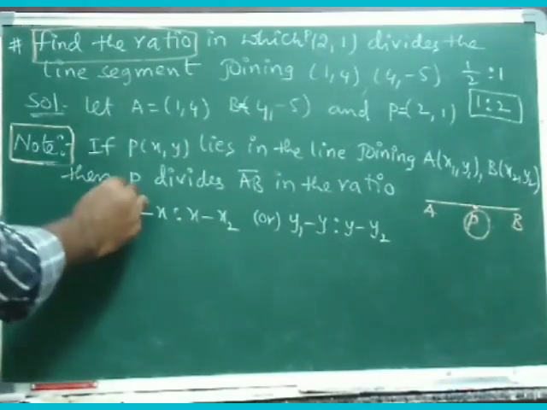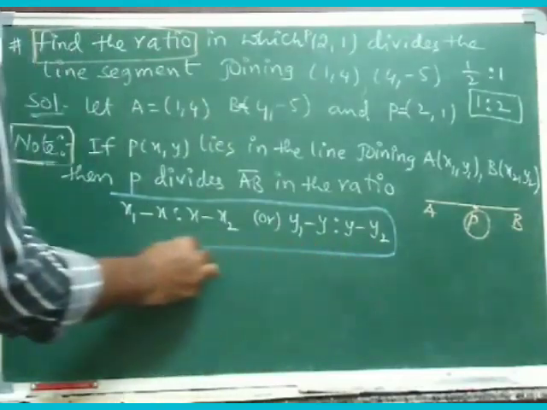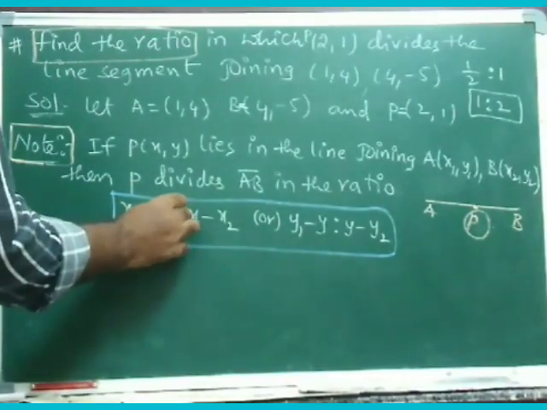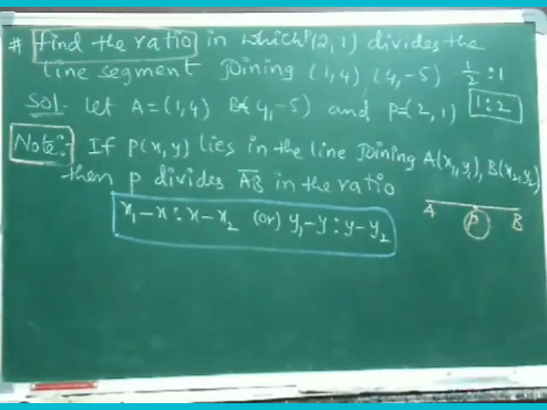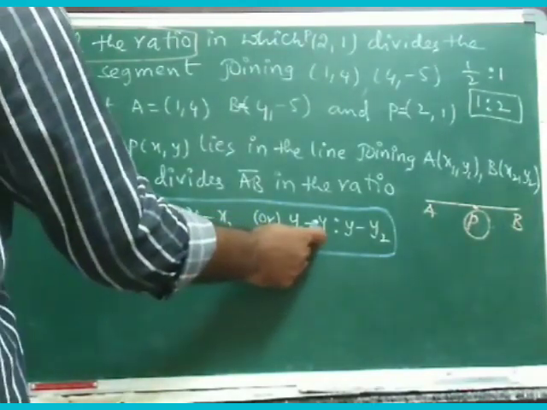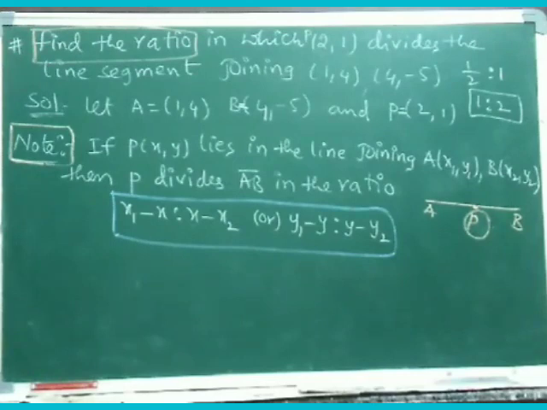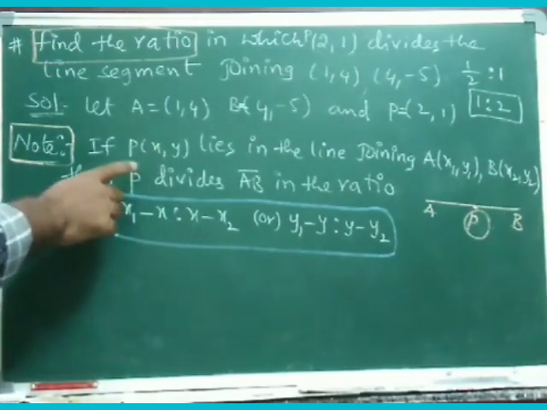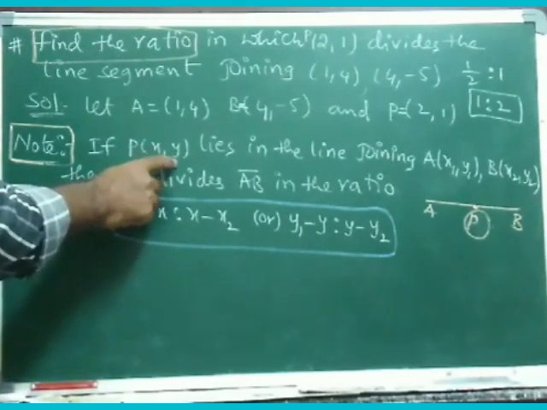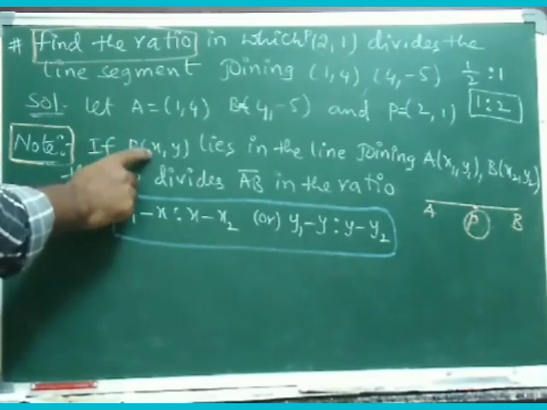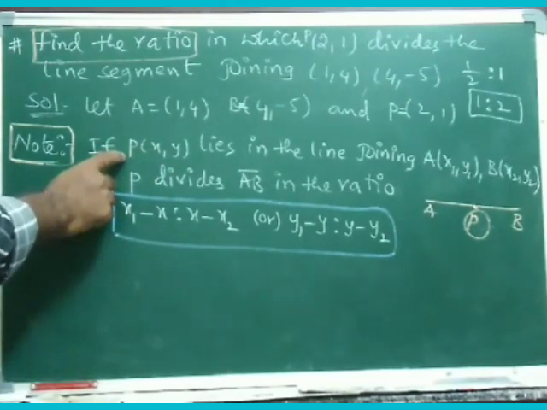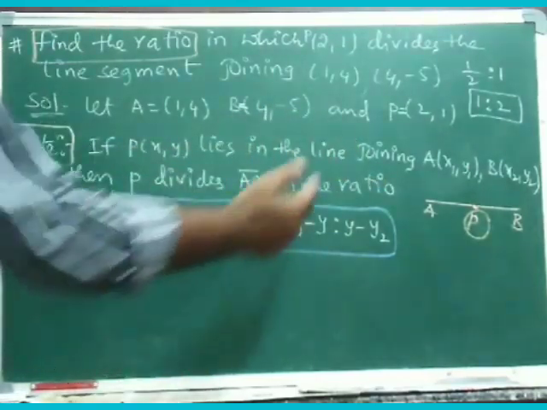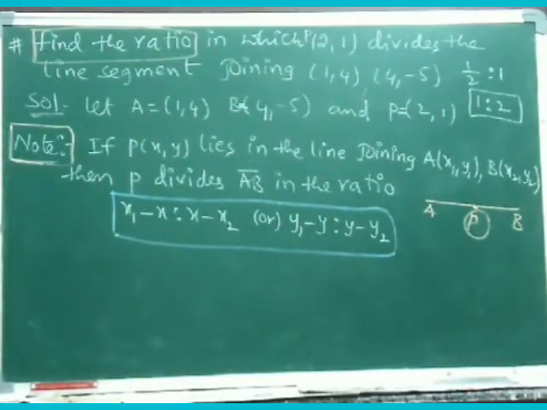x1 - x is to x - x2, or y1 - y is to y - y2. But you know, before applying this formula, you need to observe that (x, y) is nothing but the point which divides. And as usual, (x1, y1) and (x2, y2) are the end points of a line segment.